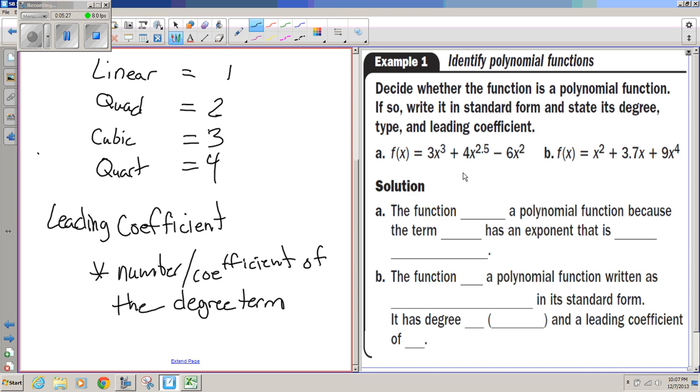So, let's look at this. Decide whether the function is a polynomial function. If so, write it in standard form, and state its degree.